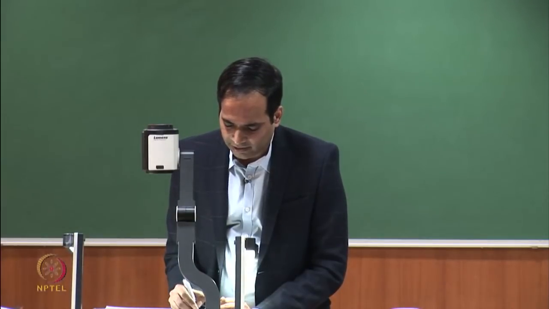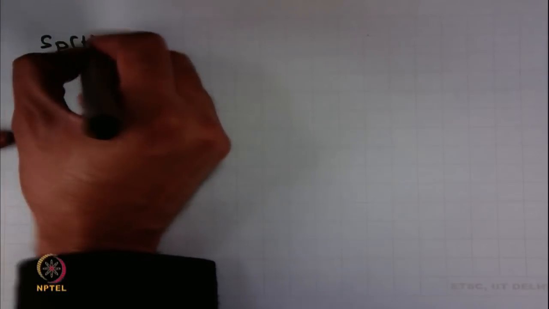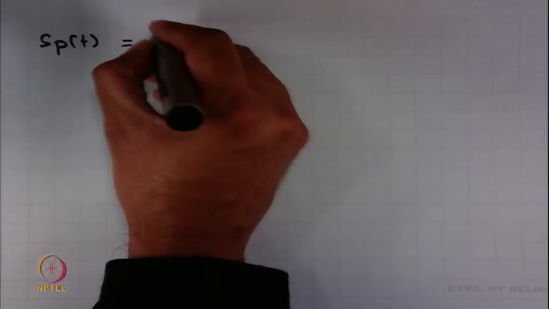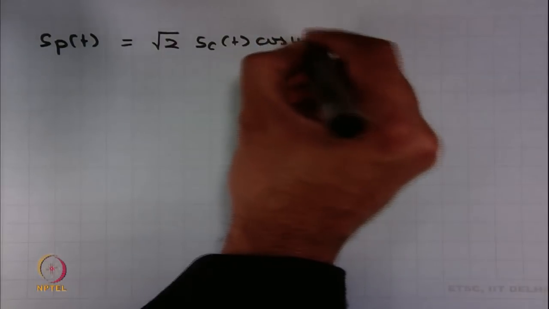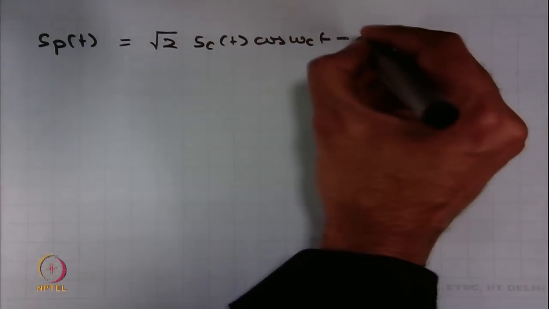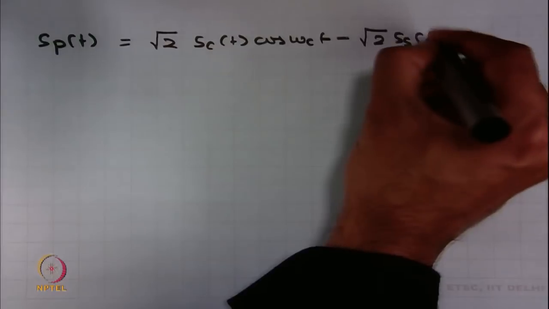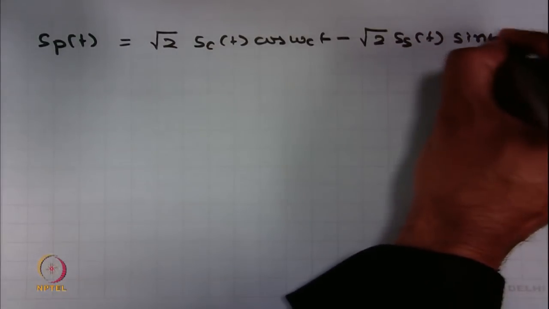So, let us write that expression again, S_p(t) as root 2 S_c(t) cos omega_c t minus root 2 S_s(t) sin omega_c t.